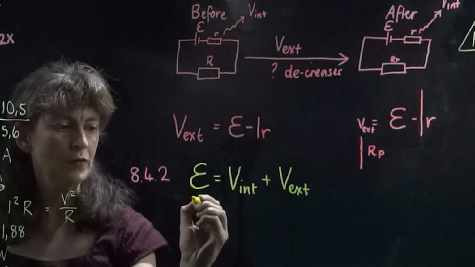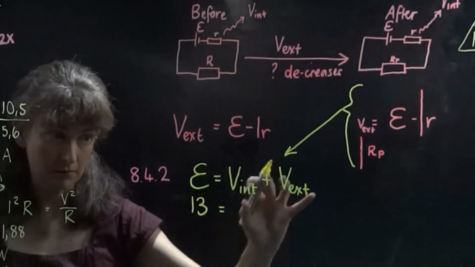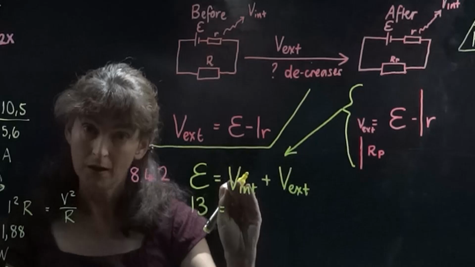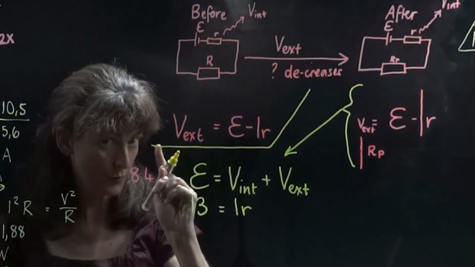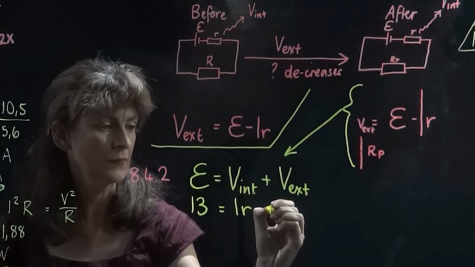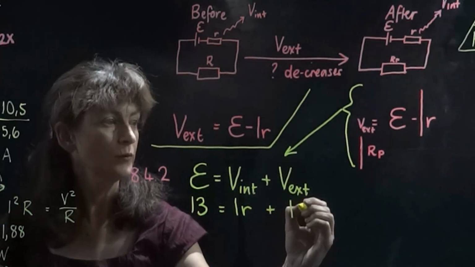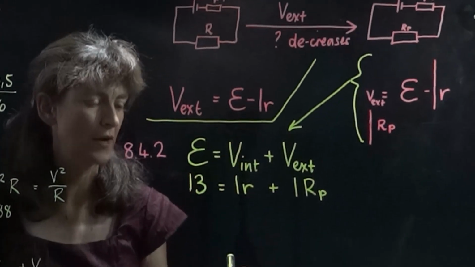So we know that this is 13 volts. Remember that this is actually referring to that situation after. Right, so the internal we know is I times little r. Both of those we know. We're going to substitute just now. And the external is I, which we know, times R parallel, which is what we're trying to find out.